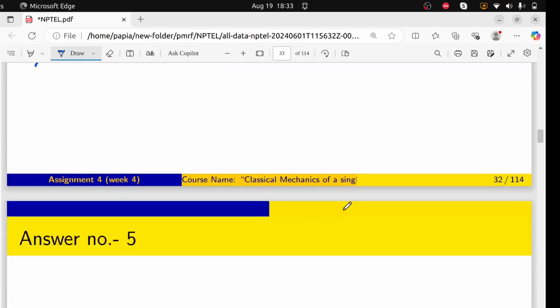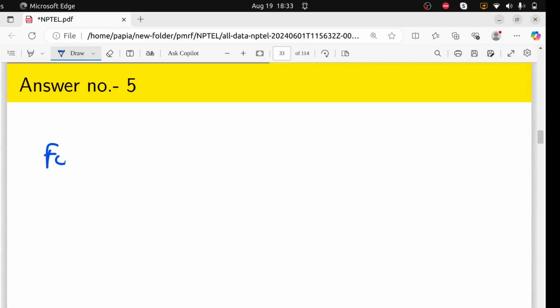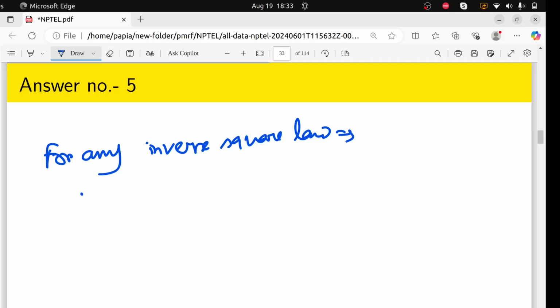Because you can see that for any inverse square law, the value of r will be p by 1 plus e cos theta.